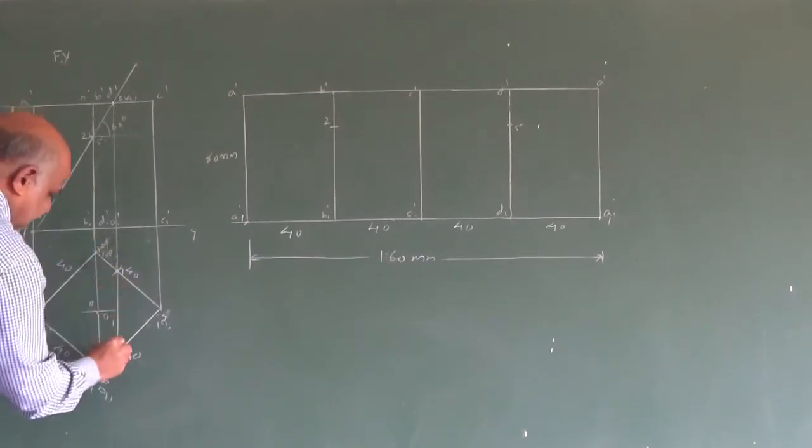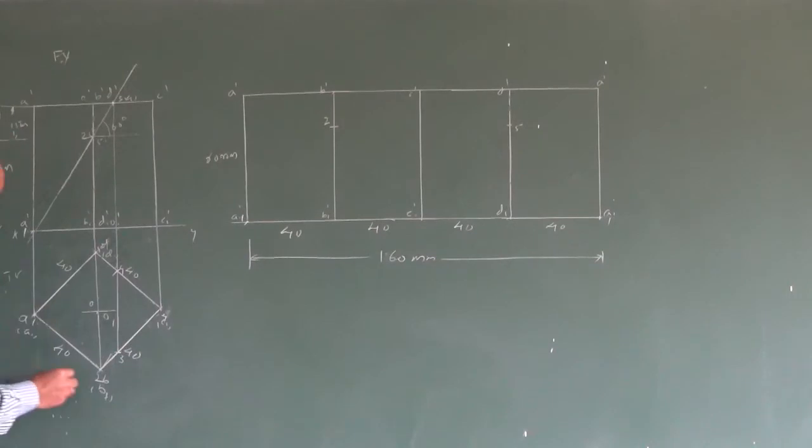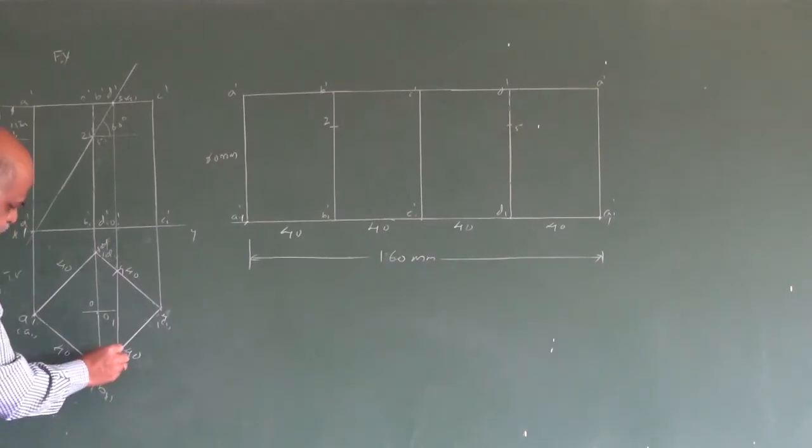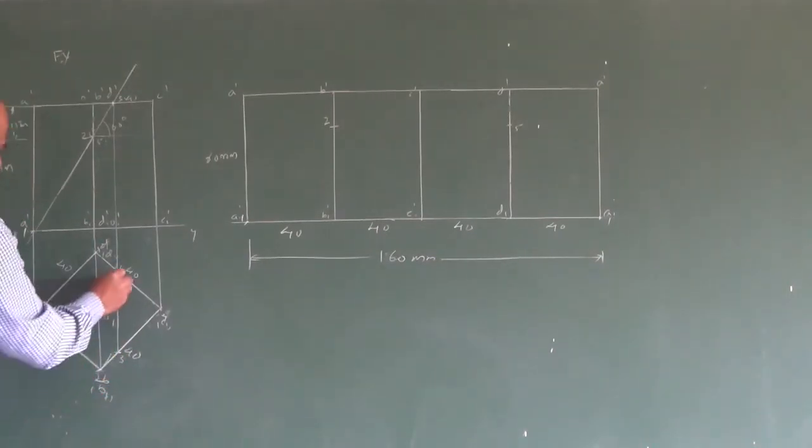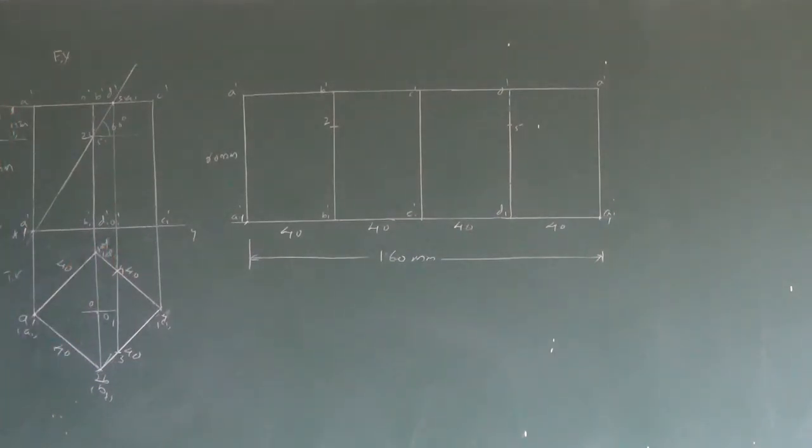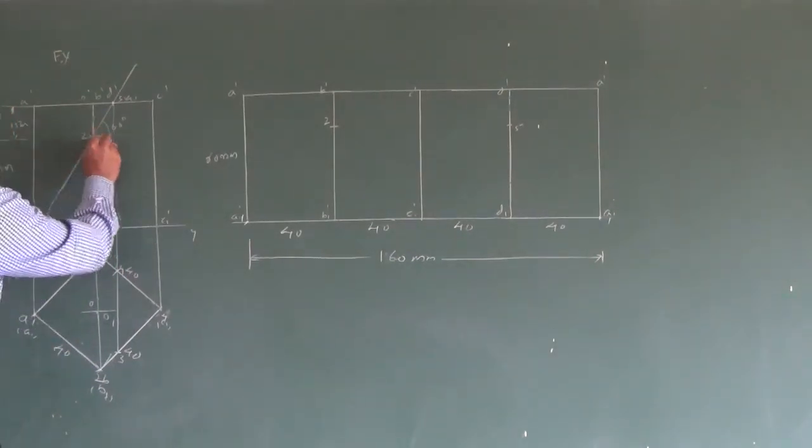The cut points are here. This is cut point 1, cut point 2, cut point 3, cut point 4, cut point 5. So here 2 and 5 are here.